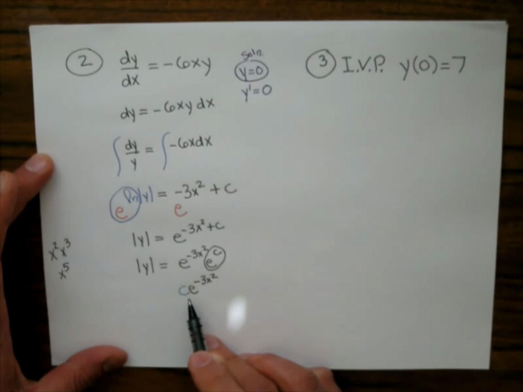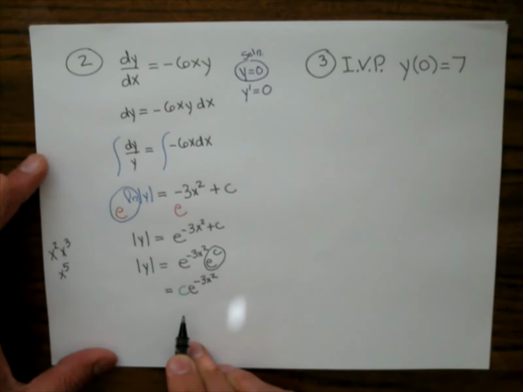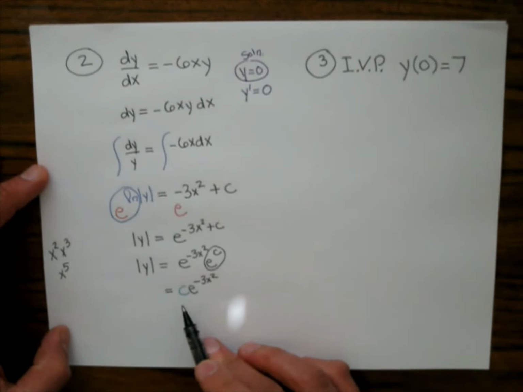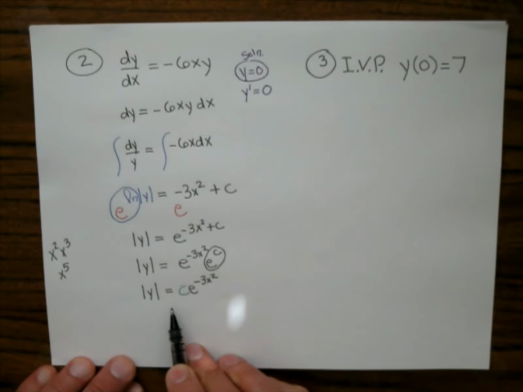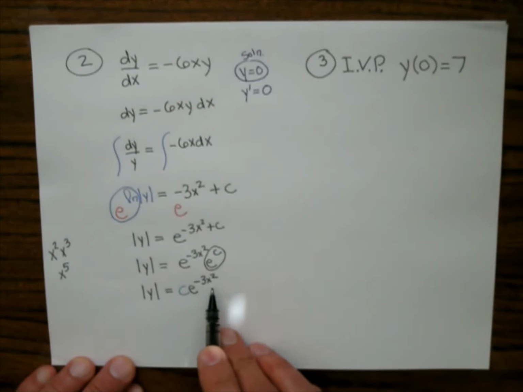We're going to skip that rigor and just assume that you know that e to the c is another constant c. Okay, so we have the absolute value of y equals constant times e raised to the negative 3x squared.